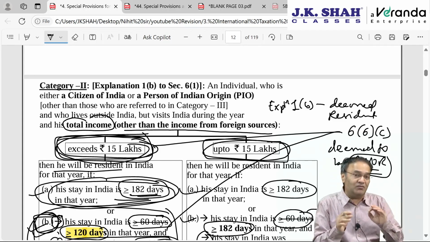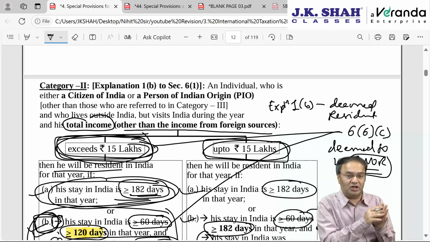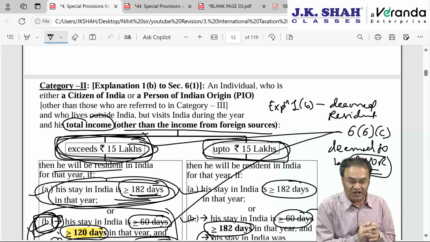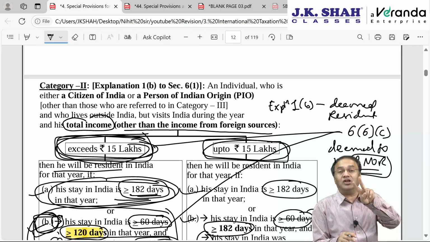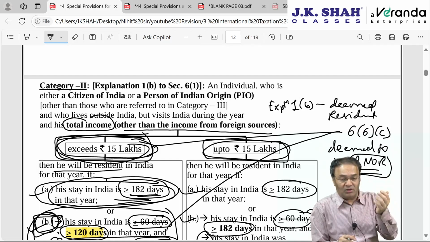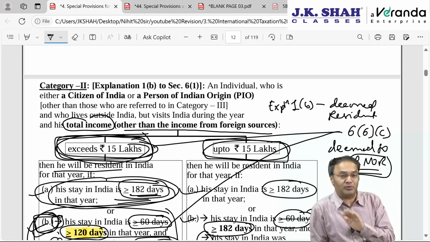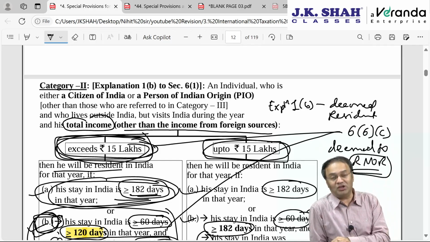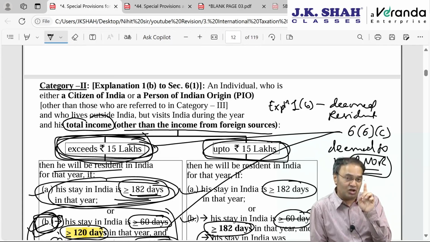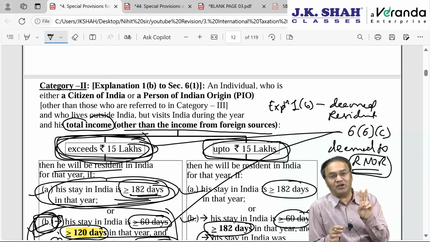Foreign income means an income which is accruing or deemed to be accruing outside India, received or deemed to be received outside India. There are two foreign incomes which are actually foreign income but will be considered as Indian income for the purpose of this particular calculation. Which two incomes? Number one, income from business controlled from India, or income from profession set up in India.